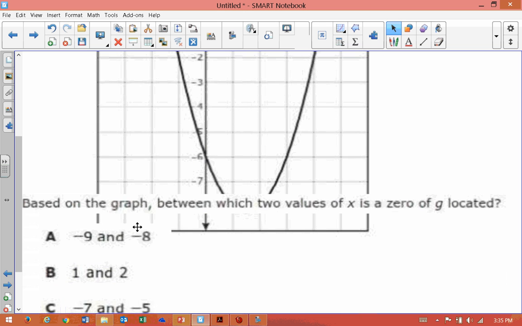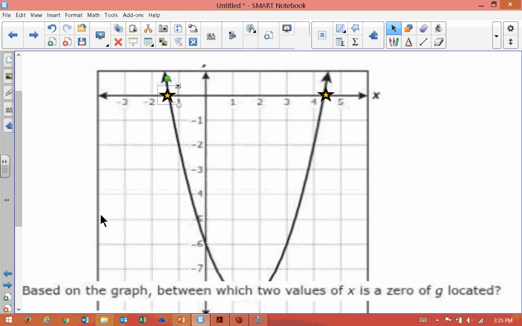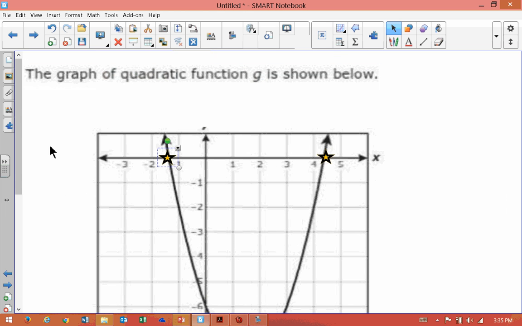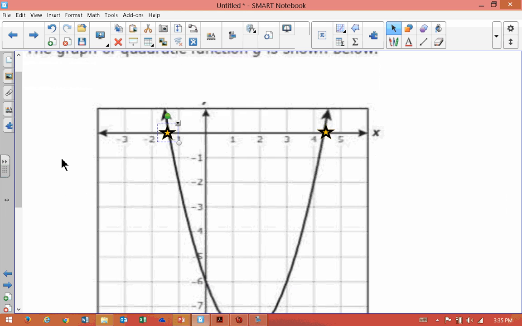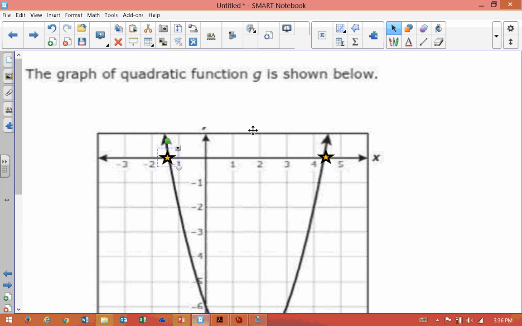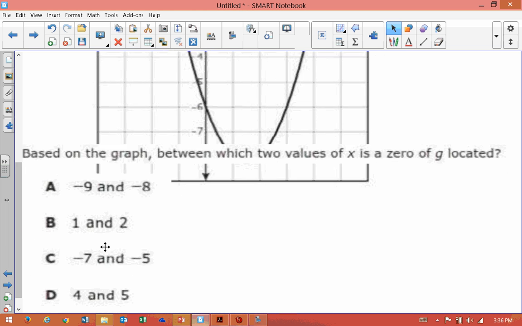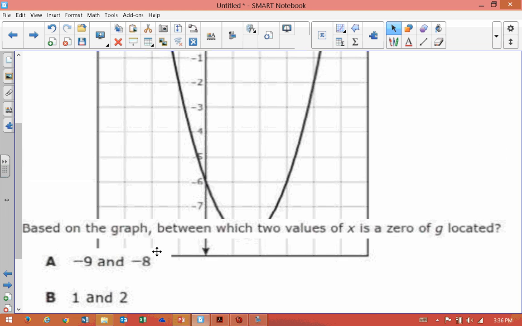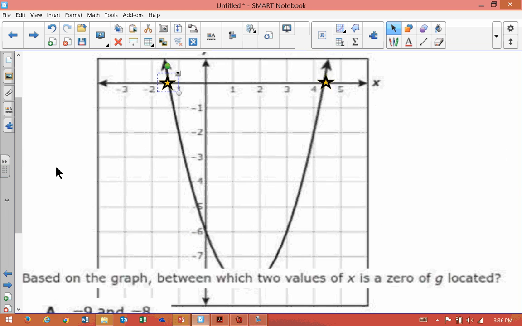Based upon the graph, between which two values of x is a zero of g located? Is there a zero of the quadratic function g between -9 and 8? We can't even see that; it's way out somewhere. 1 and 2? No, nothing's happening there. -7 and -5? Again, we can't see that.